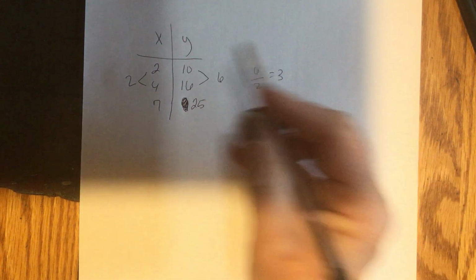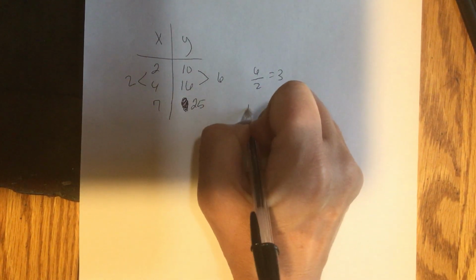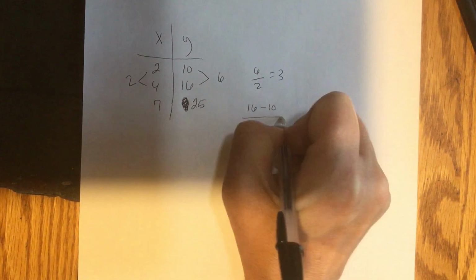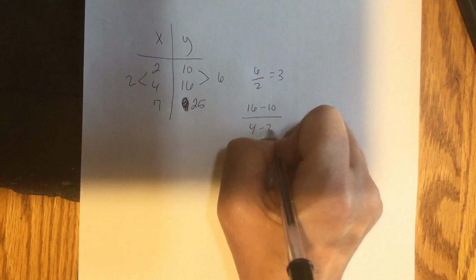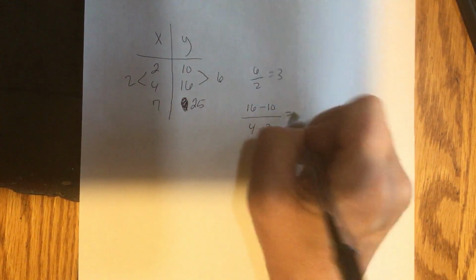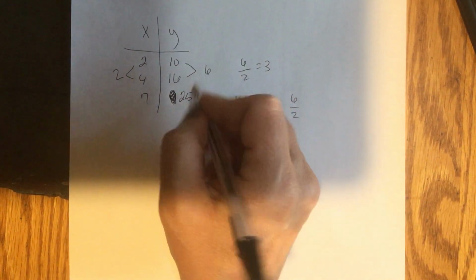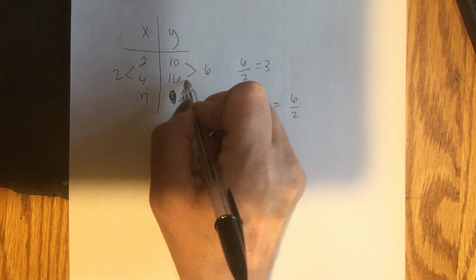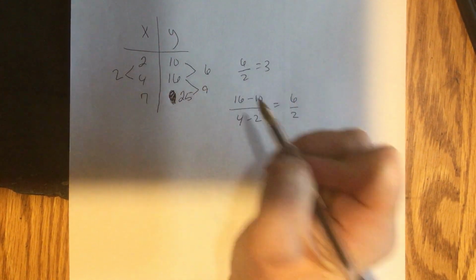So if you use your formula, then it would be 16 minus 10, change in y, divided by change in x, 4 minus 2, which is what I did in my head and wrote those little numbers out there. So that gives you 6 over 2. Notice if you find it between 25 and 16, that's 9.